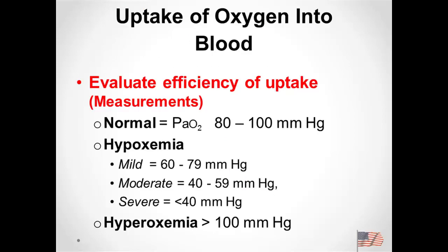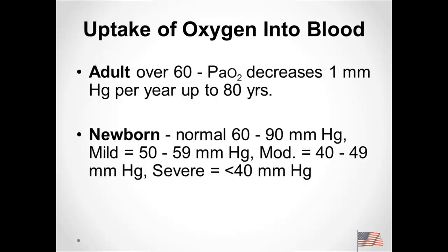We talked about uptake. We know about PaO2. If we don't know how to classify hypoxemia, I think Lori just dinged you a lot on the last test she had. And hyperoxemia we know is over 100. There is some degradation that we all have as we age.